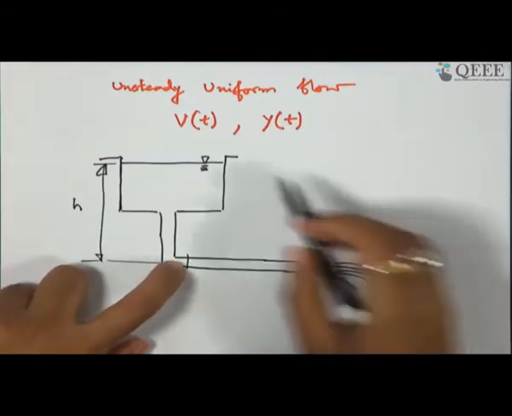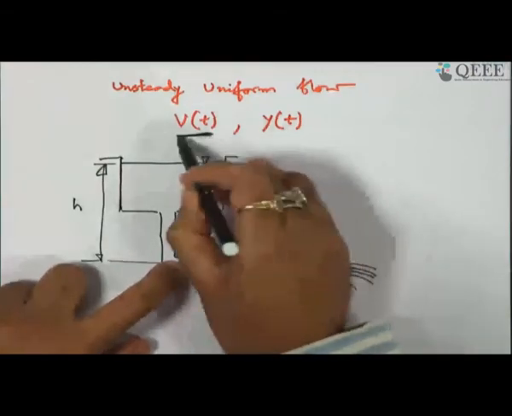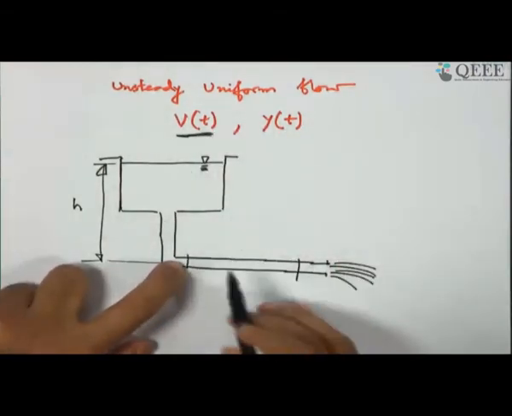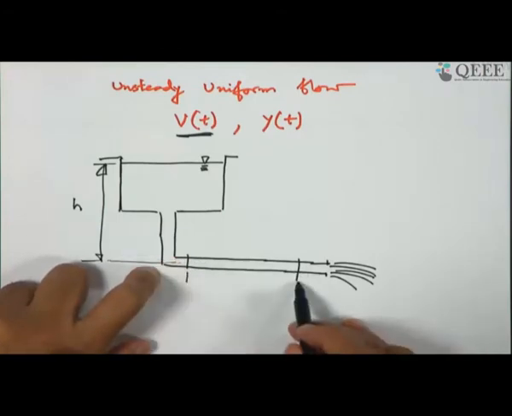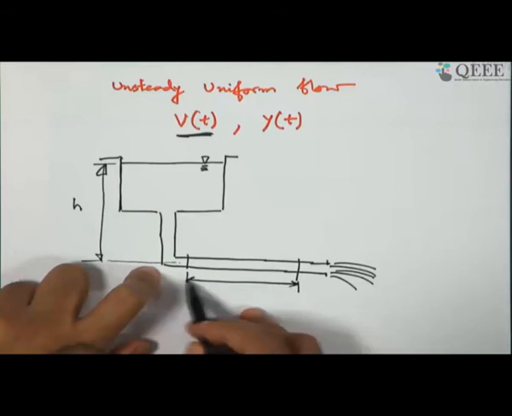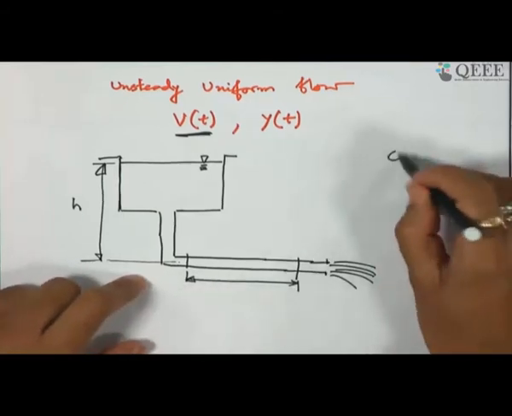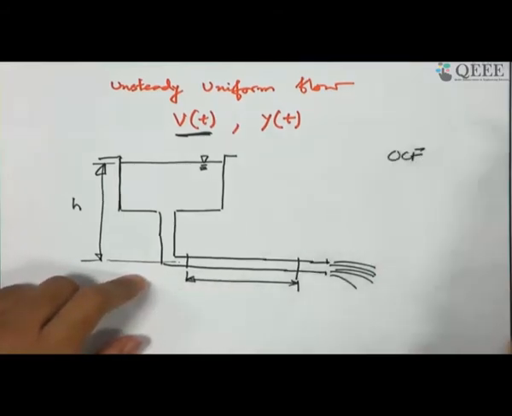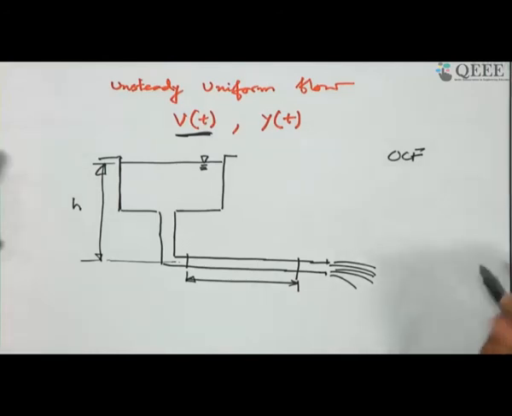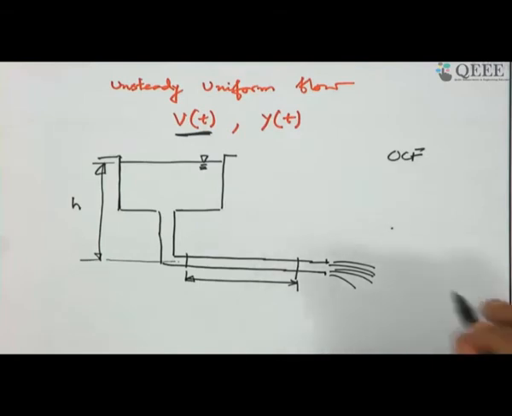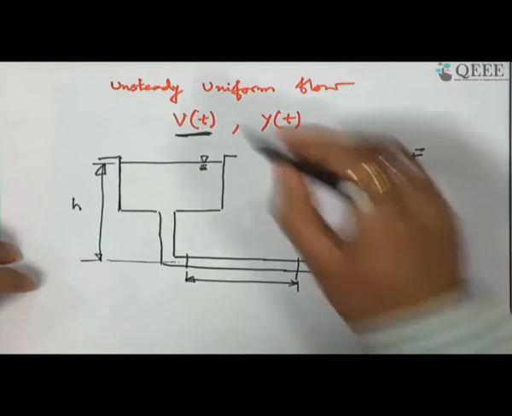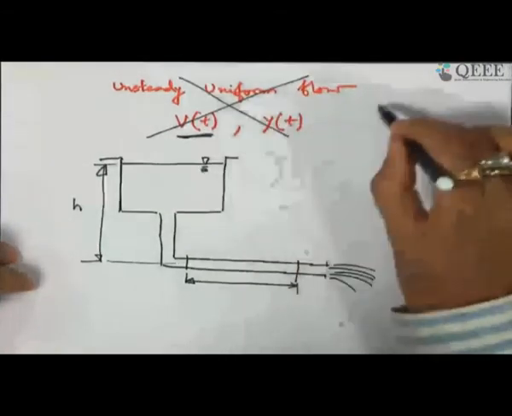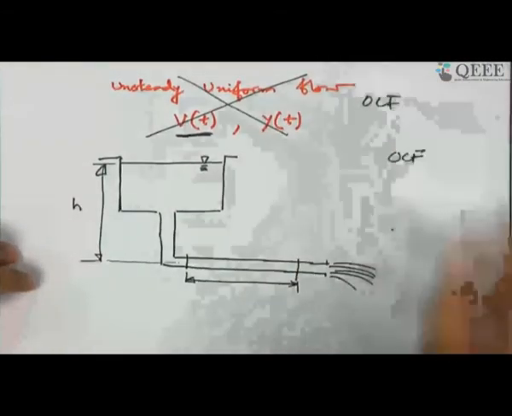That means velocity is varying with time, but in this case velocity is not varying in this section. So, in OCF or open channel flow case, this situation is not possible. Only in case of pipe flow connected to a reservoir this is possible. So, this is not possible for OCF condition.